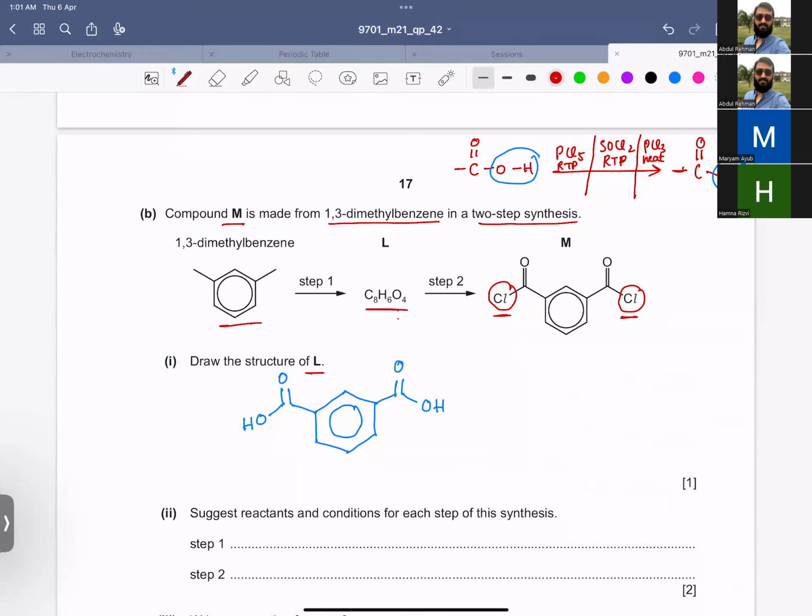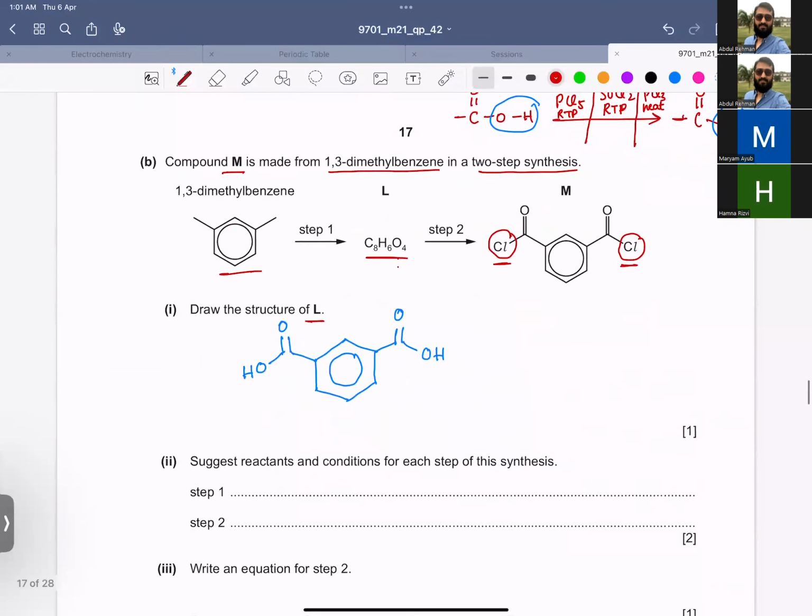Okay. Now next. Suggest the reactants and conditions for each step of this synthesis.